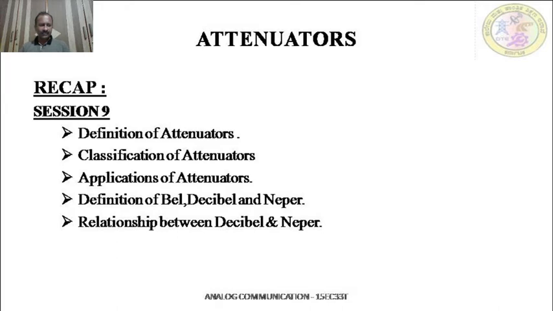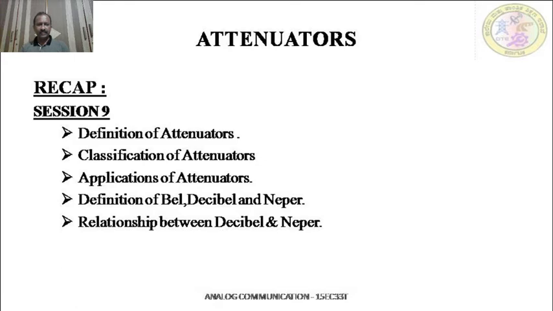And next, attenuation in terms of power: decibel D is equal to 10 log base 10 Pi by P naught, where Pi is input power and P naught is output power.